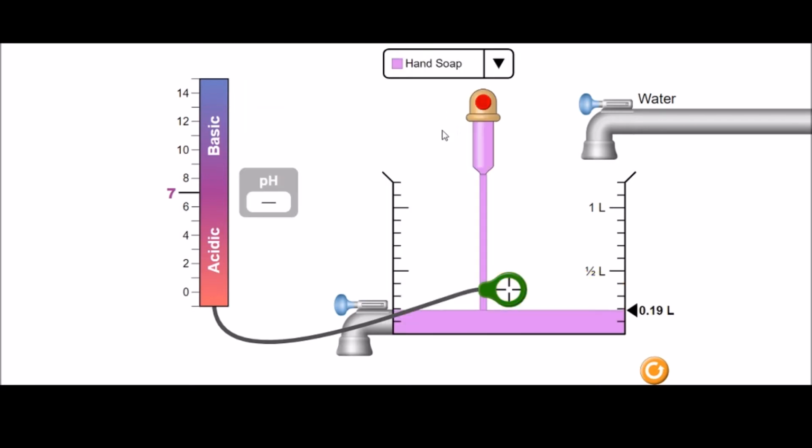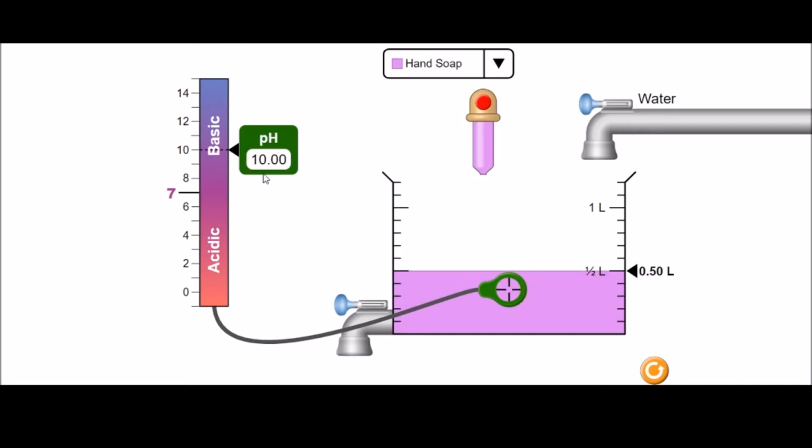Let's take another one. We have soap, and you can see that soap has a pH of 10, and of course pH 10 is considered weakly basic, because we have learned that if the pH is near 7 on the basic side, it is weakly basic, and if it is towards 14, it is strongly basic.